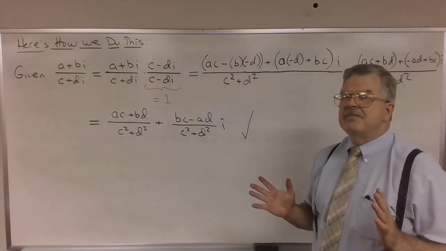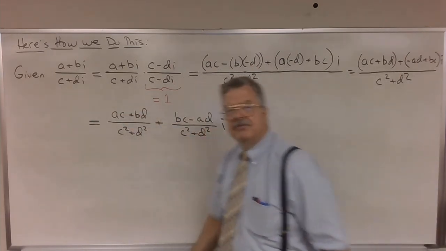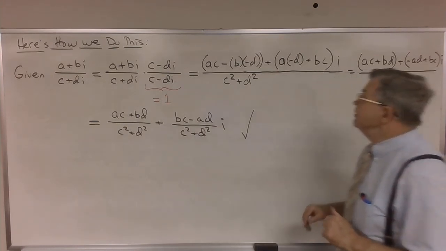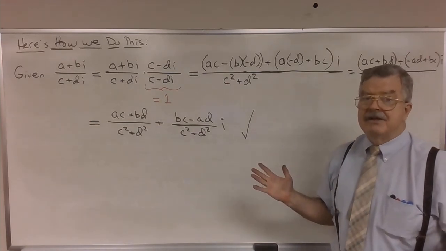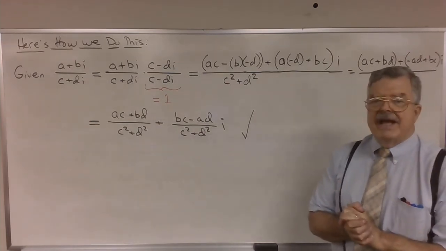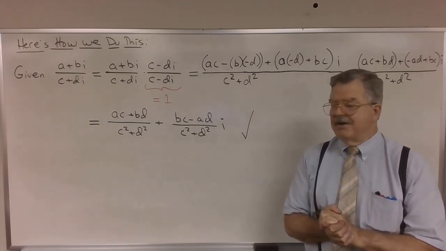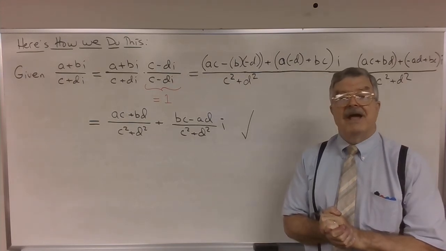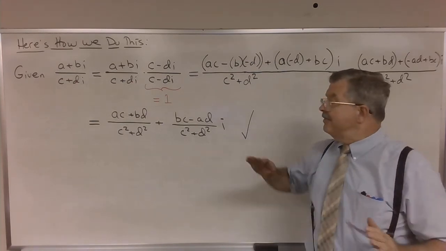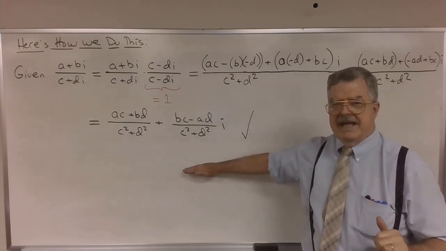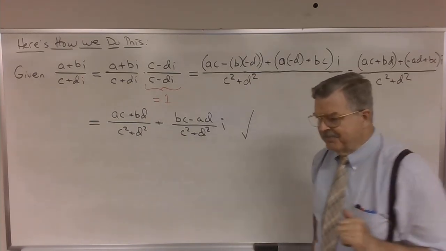And that transformed my problem from the quotient of two complex numbers, which I can't do, into the quotient of a complex number and a real number, which I can do easily. That's the way that us cowards divide one complex number by another. That's also the way that everybody else in math divides one complex number by another. This is the standard way of dividing one complex number by another.